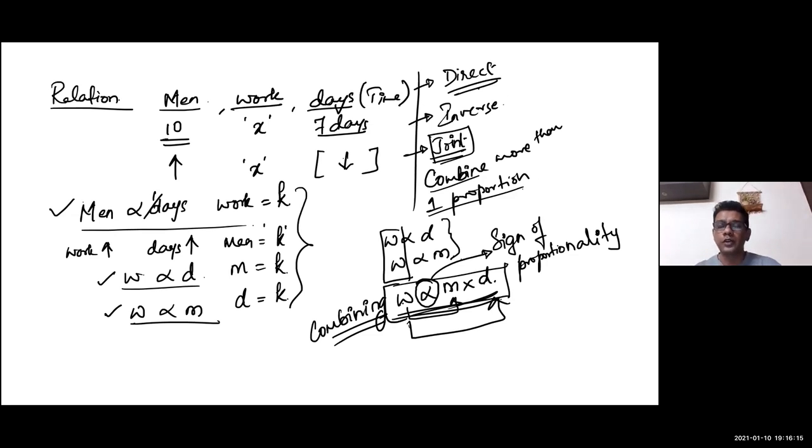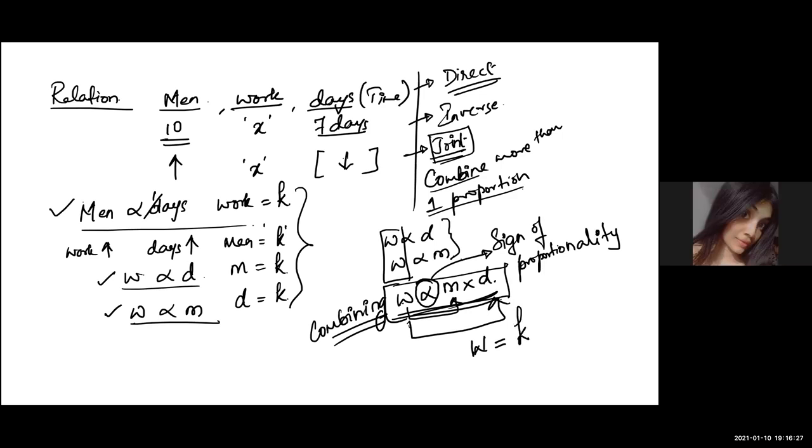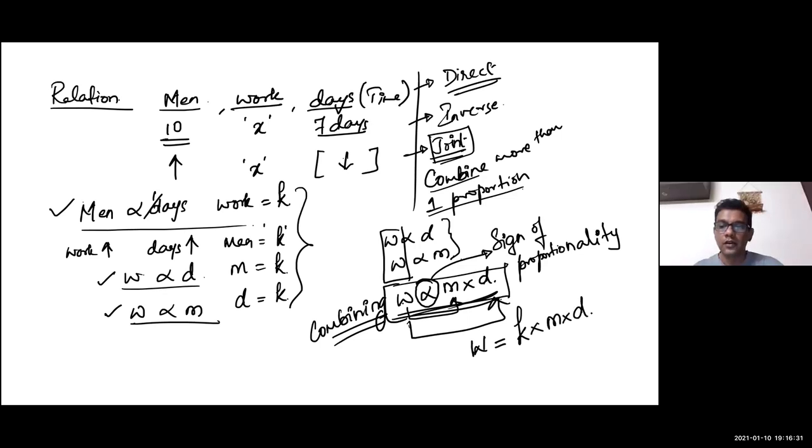So what we usually do is we remove the sign of proportionality and make it an equal sign. But when we do that, what do we bring? We bring a constant, which is now called the constant of proportionality. I hope you are clear till here.